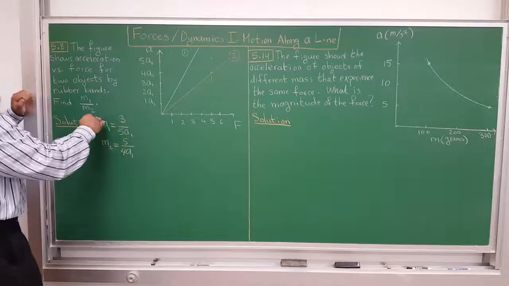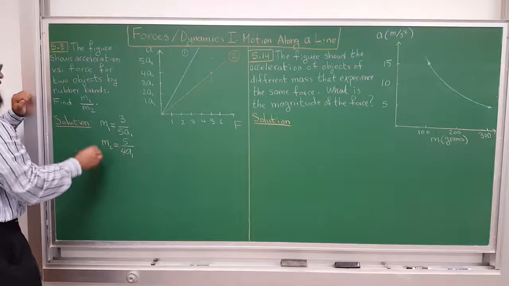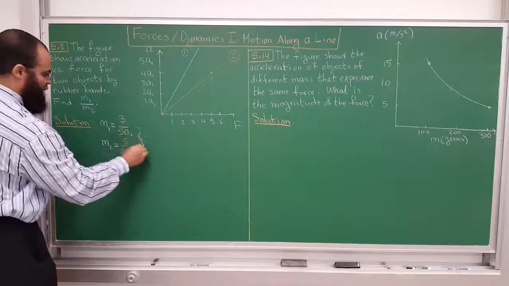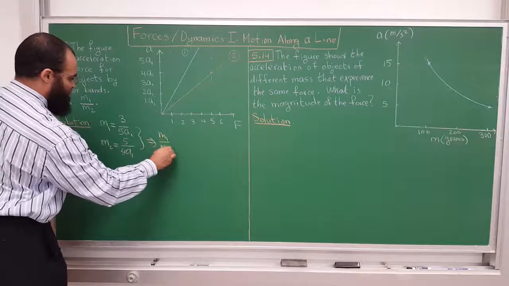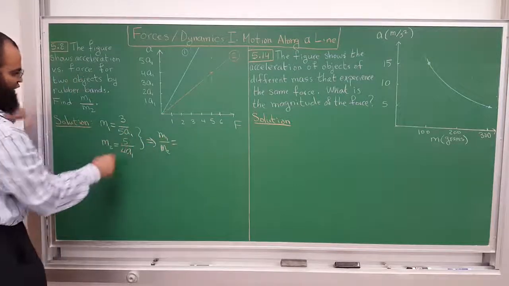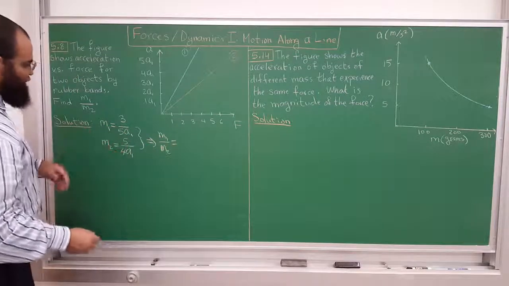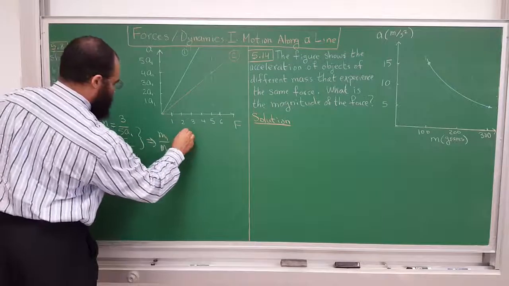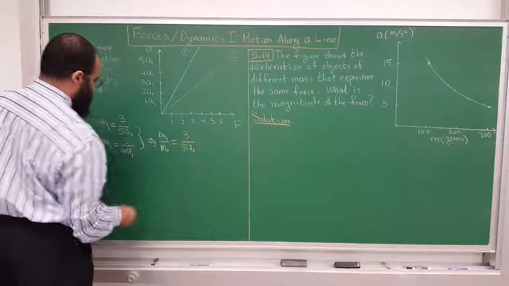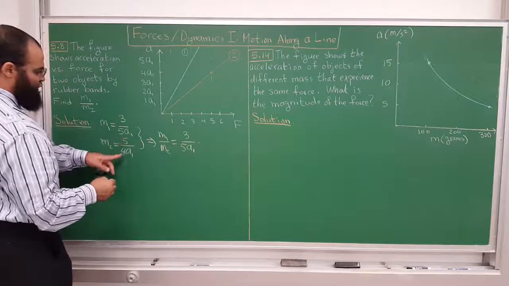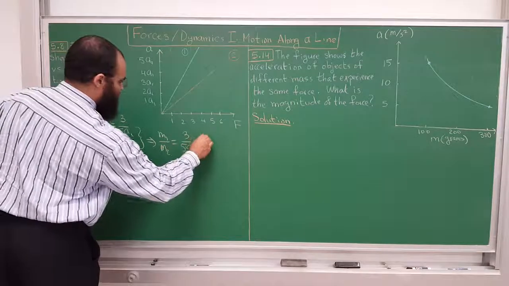If they want the ratio of m1 over m2, just combine them and divide. So m1 over m2 will be this divided by this. When you divide two fractions, it's like multiplying by the reciprocal. So you get 3 over 5a1, multiplied by the reciprocal, 4a1 over 5.